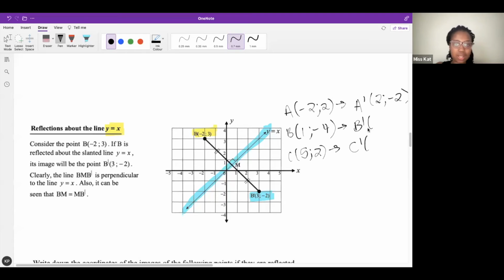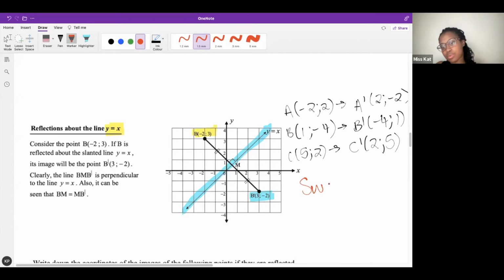I feel like we're getting it and I love it. Thank you, -4 and 1. And C prime, our last one, 2 and 5. So the general rule for this one is swap the coordinates.